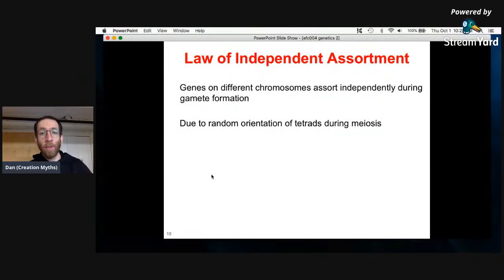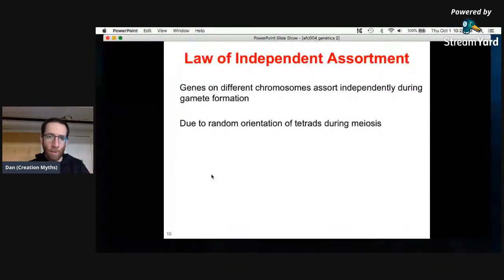The second law is the law of independent assortment. Now, this is a cool one because it's not exactly correct. The way that I'm going to state it is the correct way. But I want to make clear before I go into this that I'm using words and concepts in this description that Mendel didn't have. Mendel didn't know anything about chromosomes.